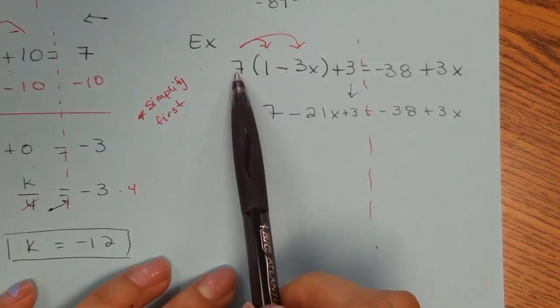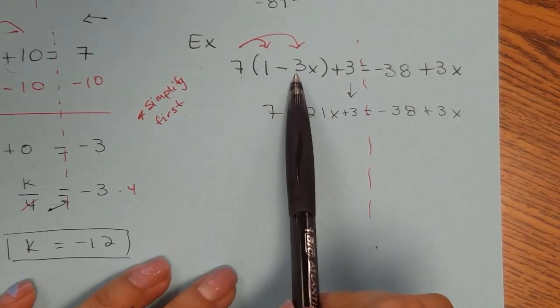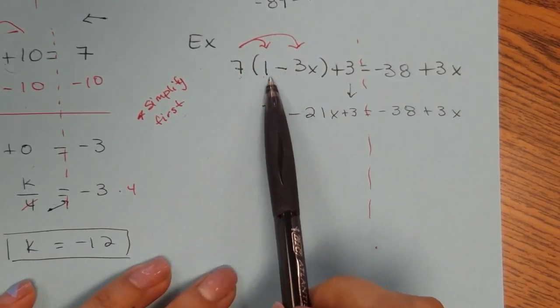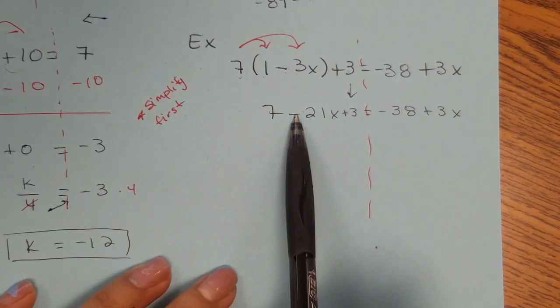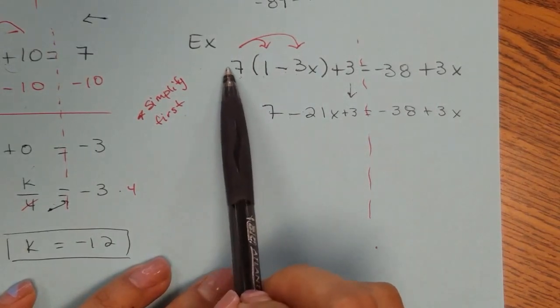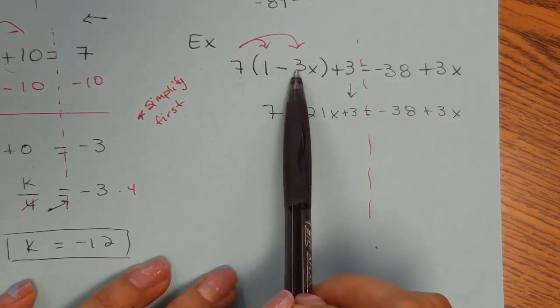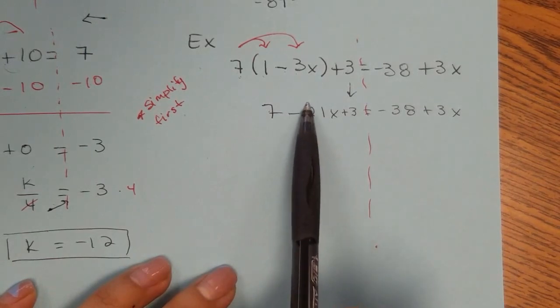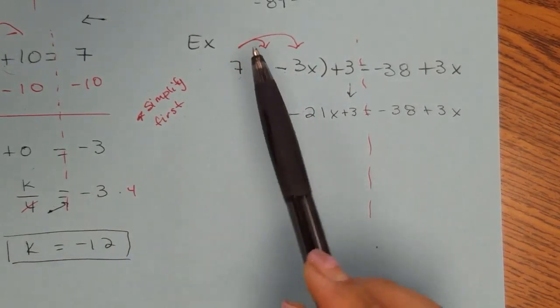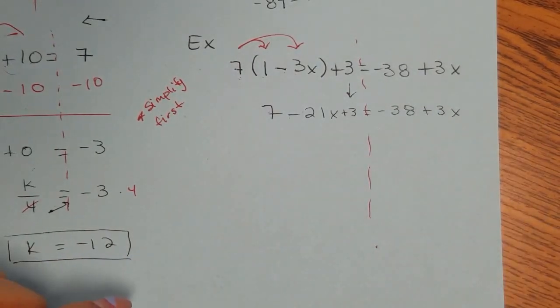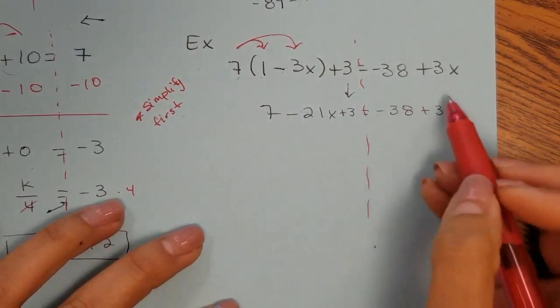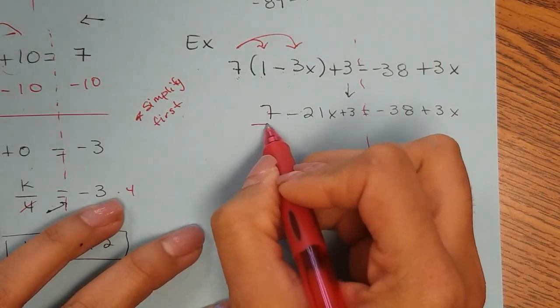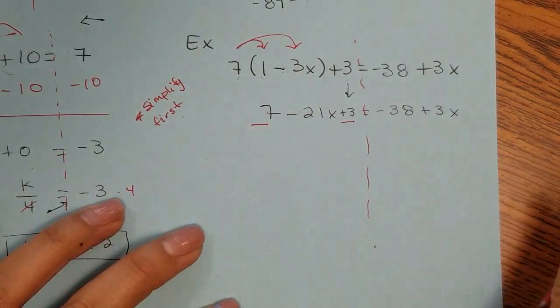Big mistake here is you guys will forget to distribute this 7 to this 3, and you'll also forget to bring down the negative. If this was a negative 7 and you were distributing it, you would forget to change your sign. So you always want to watch for your signs. The next thing you want to do is combine like terms. There's nothing I can combine on this side, but here I can add that 7 and that 3.